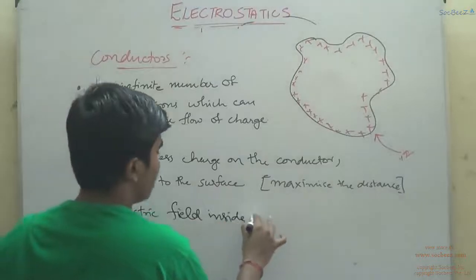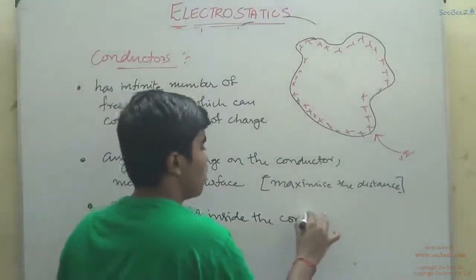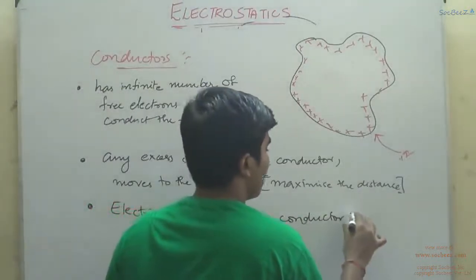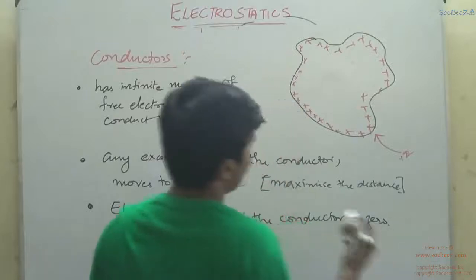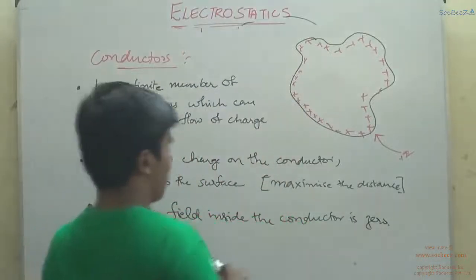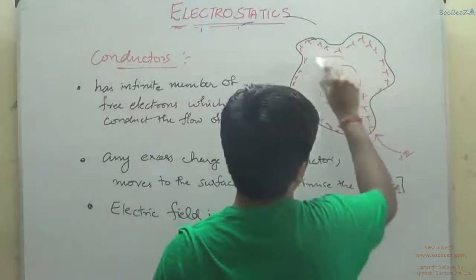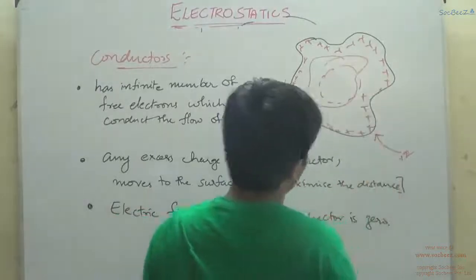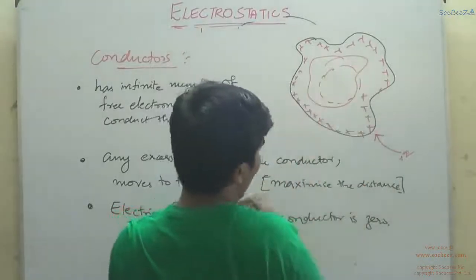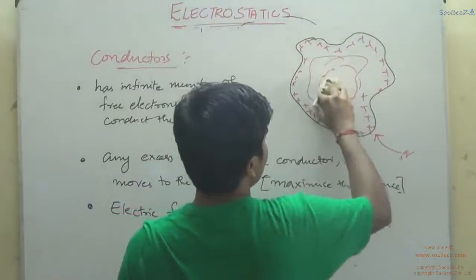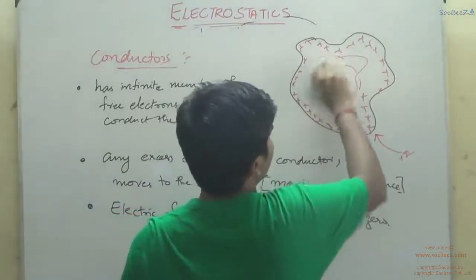The third point is the electric field inside the conductor is 0. This is obvious, because if we consider a Gaussian surface anywhere inside, it would turn out simply that since there is no charge enclosed, the electric field would be 0.